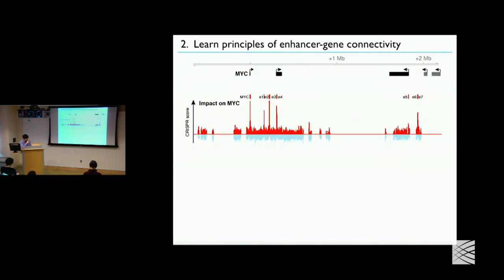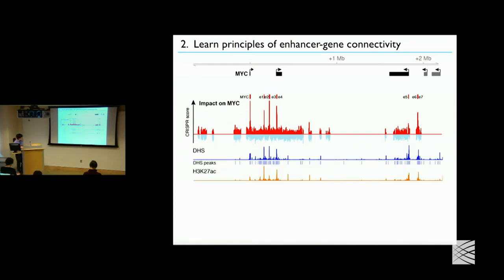So let's compare the results in this particular locus with the chromatin state maps that I mentioned before. Here's DNase hypersensitivity, here's K27 acetylation. As Aran asked a moment ago, how did these line up? It turns out that the strongest peaks here almost line up perfectly with the strongest sites of K27 acetylation and DNase hypersensitivity.